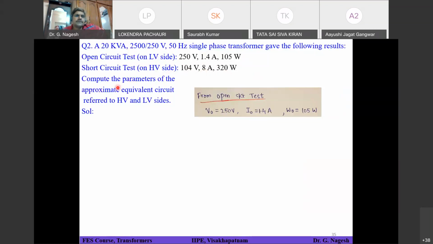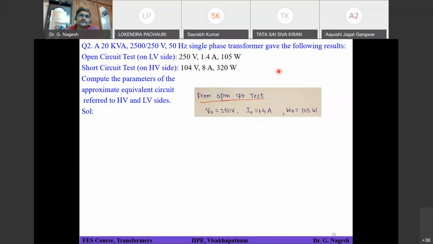The question is to compute the parameters of the approximate equivalent circuit referred to HV and LV. So this is the question. Equivalent circuit parameters referred to HV and referred to LV, you have to find out and then draw the equivalent circuit.